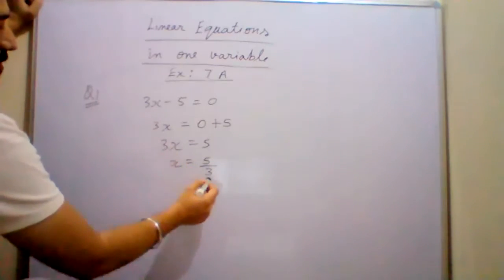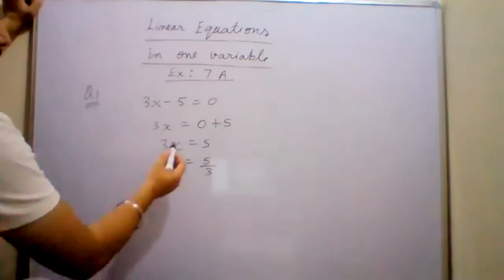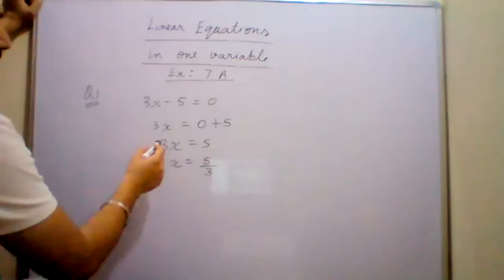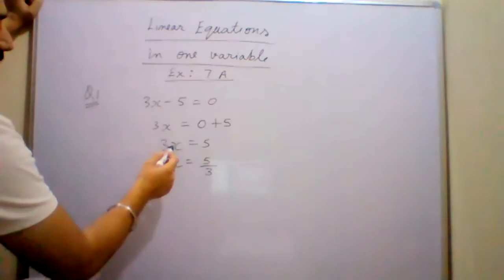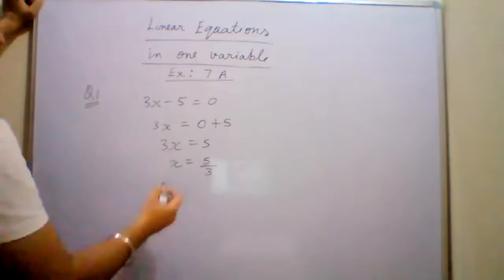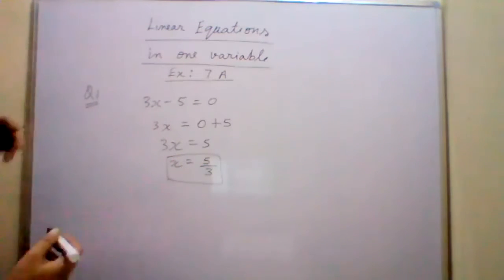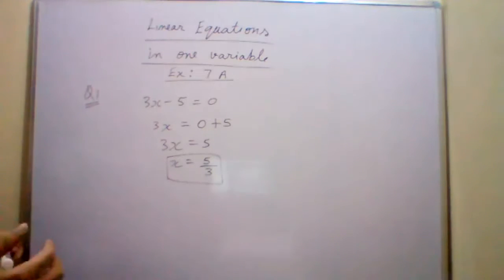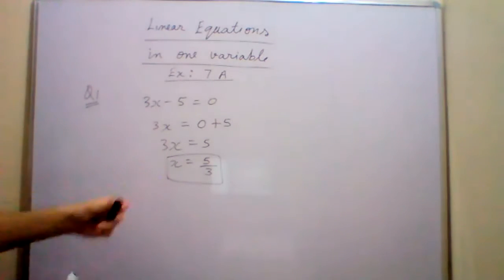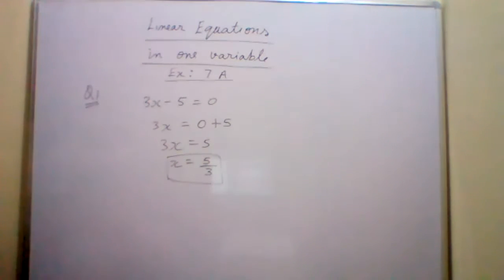From the numerator, it will go to the denominator; in cross multiplication, if something is multiplied in the numerator, it will go to the denominator. So x equals 5 upon 3. This is your answer. Any doubt? We can also write 1 whole 2 upon 3. Not necessary. You can leave your answer here also.